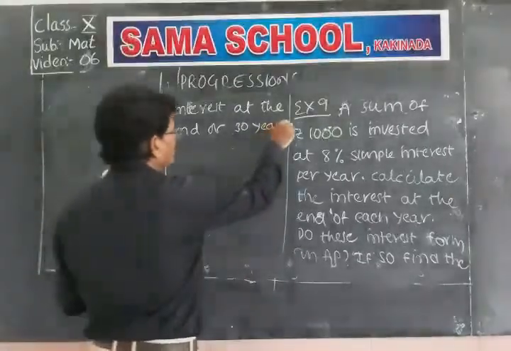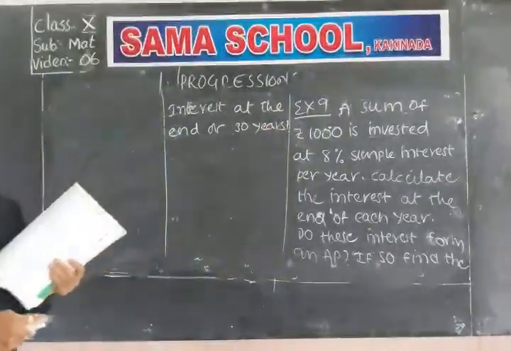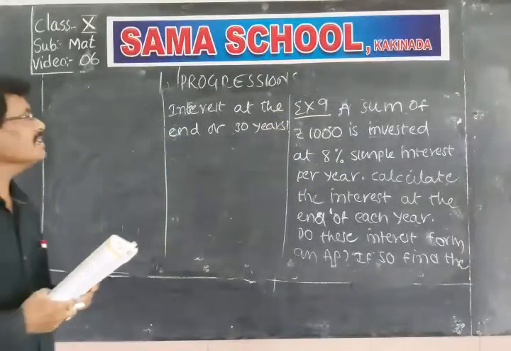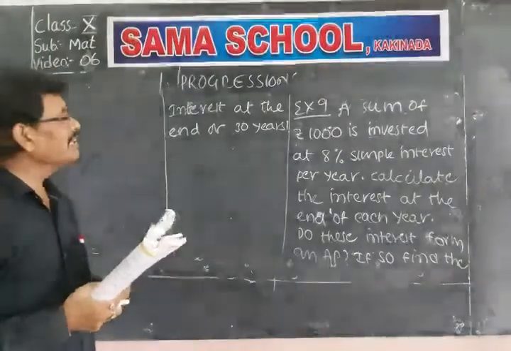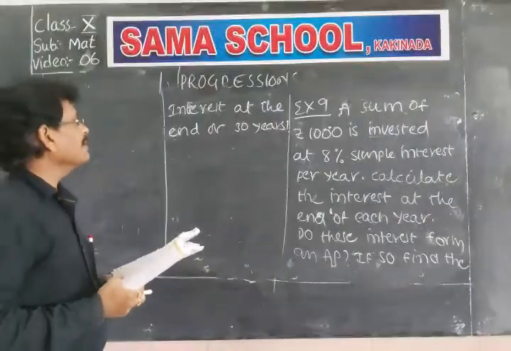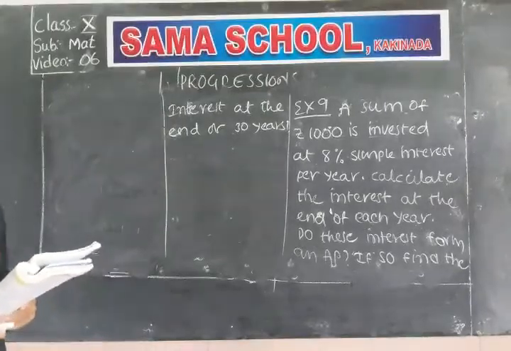So that's the question. If the given values are in arithmetic progression, then in that case you have to find the interest at the end of 30 years.